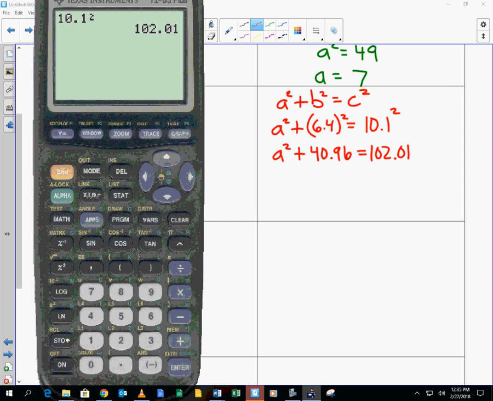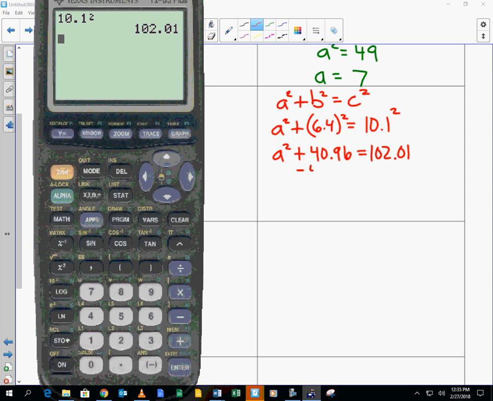Very good, Blake. Question, Jared. Good question. You don't have to have parentheses around it. I just wanted to make sure people saw that you're squaring the 6.4 and not just the 4. See what I'm saying? But I really didn't have to write it, so I won't do that in the future. Good.